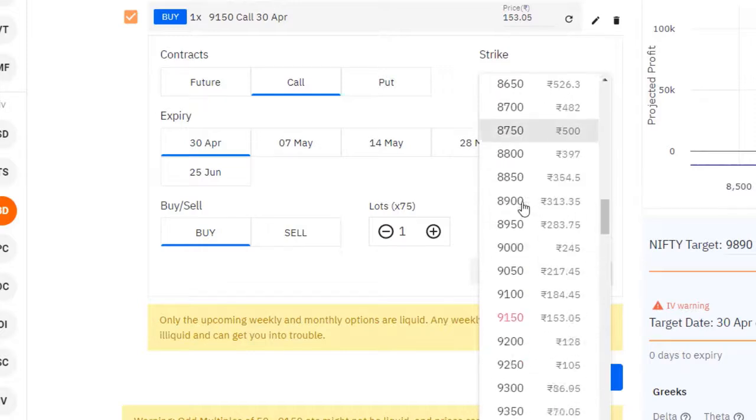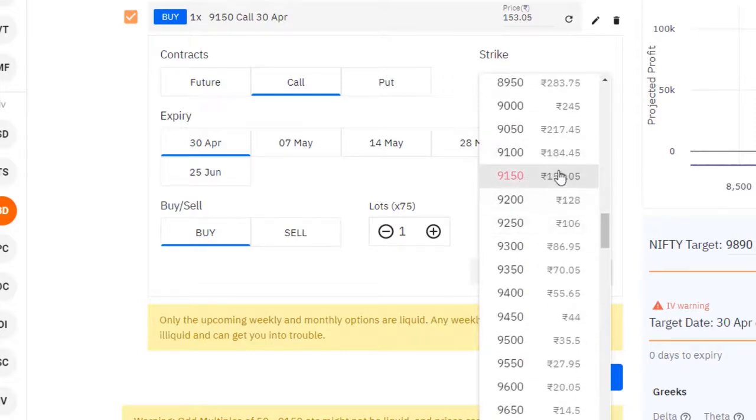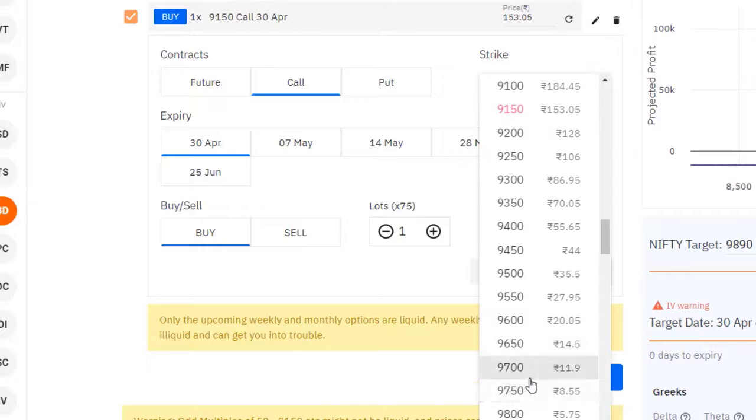Why? Because this option, 9150, has some chance of making money, and this 9700 call has very little chance of making money because it is implying a 550 odd point move in 4 days, which is highly unlikely.